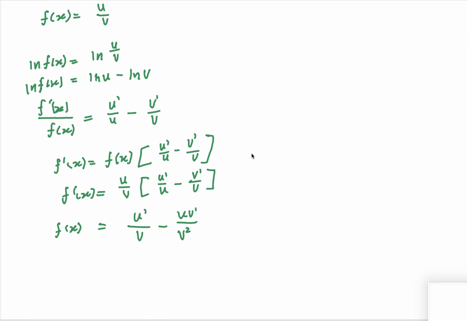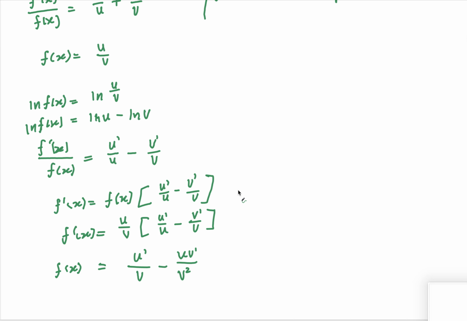So I'm just going to go up here and continue with this method. Now we do the subtraction of those guys. So you have u prime v squared minus u v prime v, divided by v cubed.